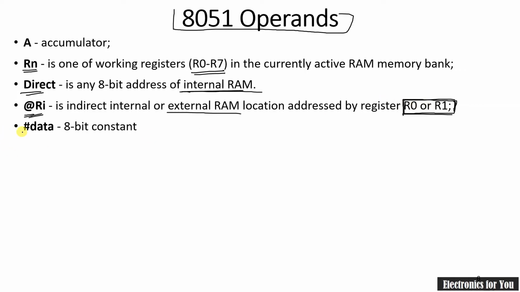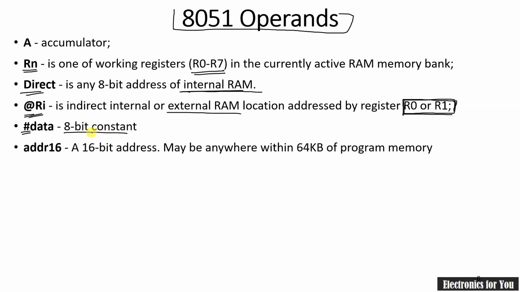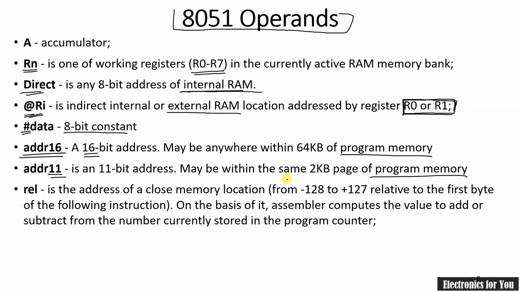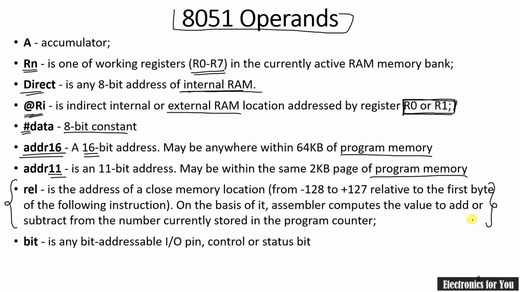Then #data, where the hash indicates the immediate addressing mode, and data is an 8-bit constant. Then address may be 16-bit or 11-bit. Note that this may be from the program memory, internal or external. Then there is the relative address, which I will explain later in our video.